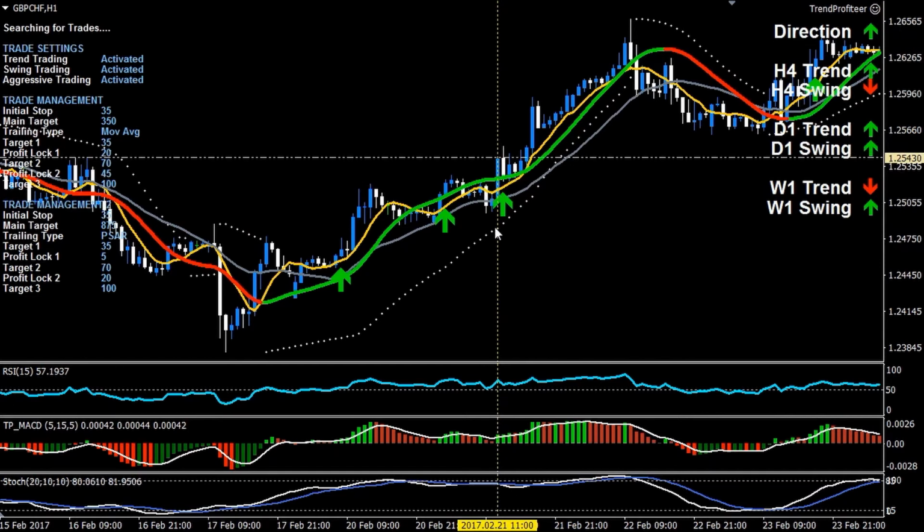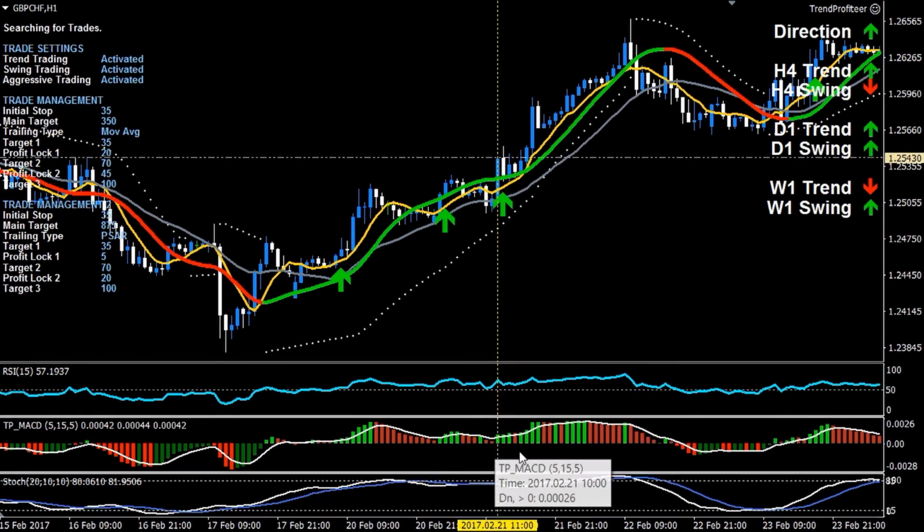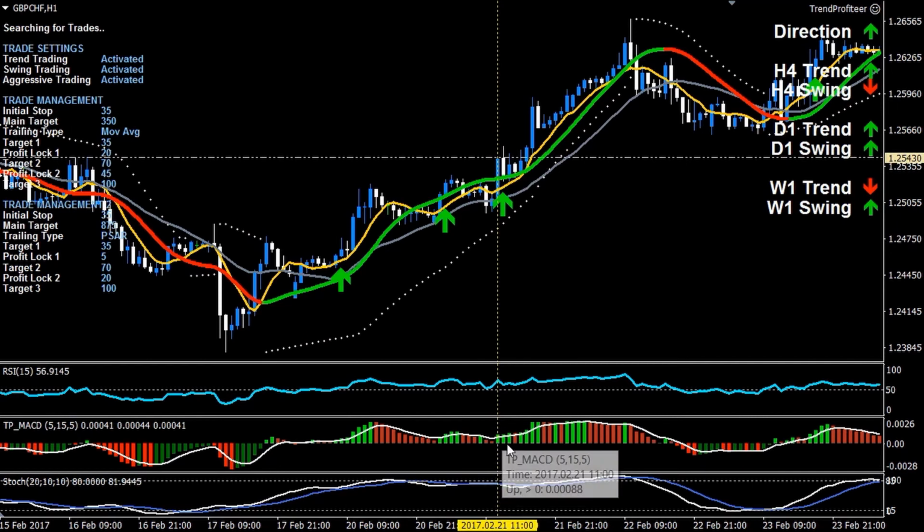We need to have the trend follower green, the yellow moving average above the gray moving average, the price above the yellow moving average, and RSI above the 50 line. The MACD must be preceded by at least 2 consecutive red histogram bars and then be a green bar above the 0 line and above the signal line.